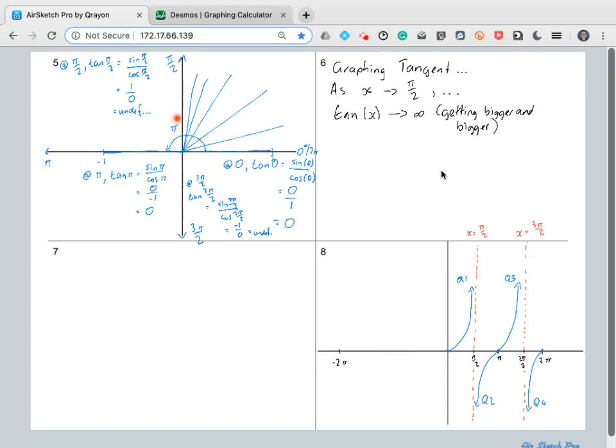So what we end up with in our graph is a very similar looking graph. So we would have pi in the middle. We would have that split, negative pi. We would have negative pi on 2 and negative 3 pi on 2, like so. At pi on 2, we would have that asymptote happening again.